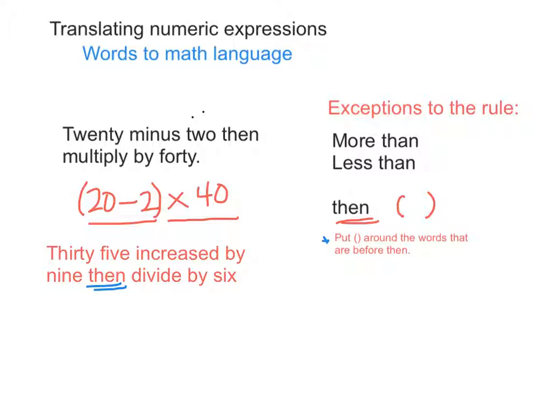Put parentheses around the words that are before then. So if I were to write this out, I'm going to do 35, increase means to add, then 9, so left to right, still going left to right because the only exceptions are more than and less than. I'm going to put it in parentheses because it's telling me to do that first, then divide by 6.